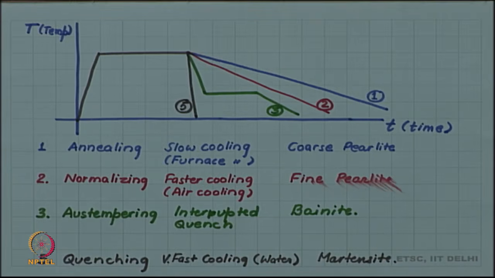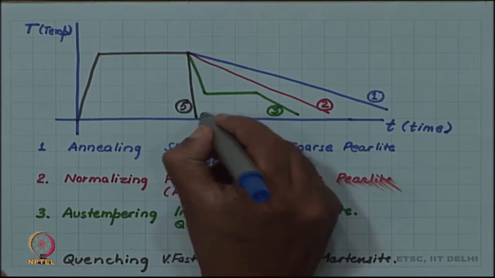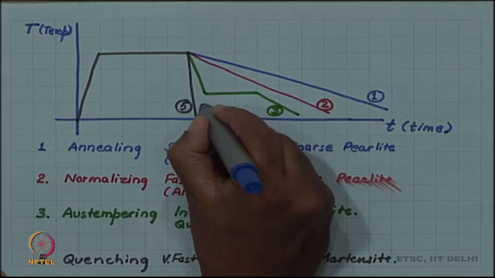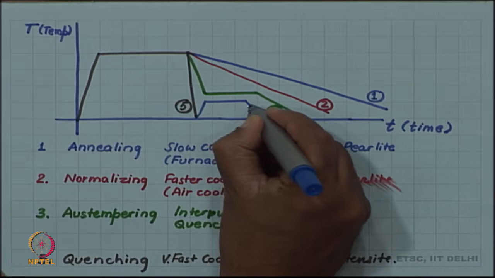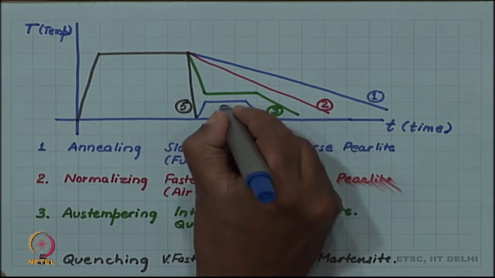For many applications, this martensite is extremely hard and brittle. For many applications, this is not suitable, and you may like to then change the hardness of this martensite by a further treatment, and that is what leads to tempering. So, you will heat the quenched steel to a higher temperature and then cool.